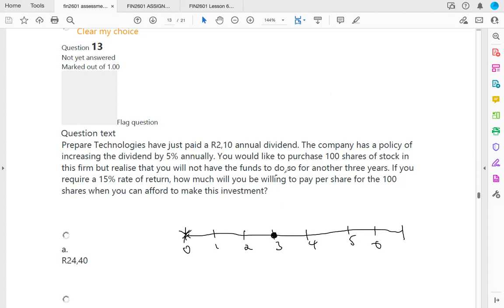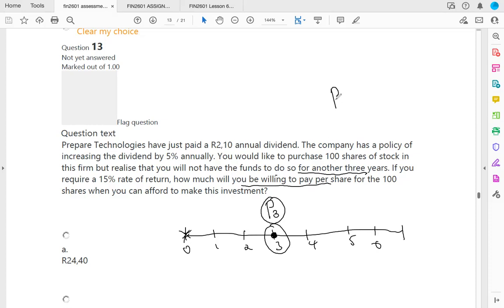So you're not going to have funds for another 3 years. This is when you're going to have money to actually purchase the shares. So you're being asked to determine the price of the share at time 3. How much will you be willing to pay per share at time 3? How much will you be willing to pay for 100 shares at time 3? So in other words, we want to determine the price of the share at time 3.